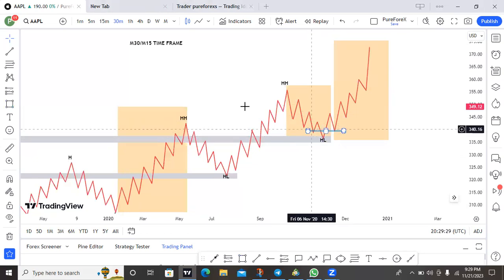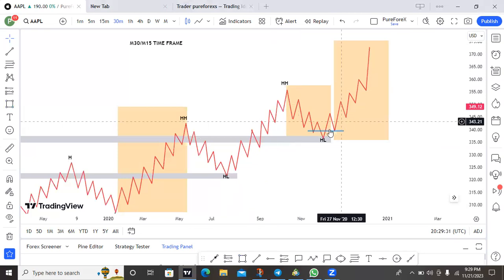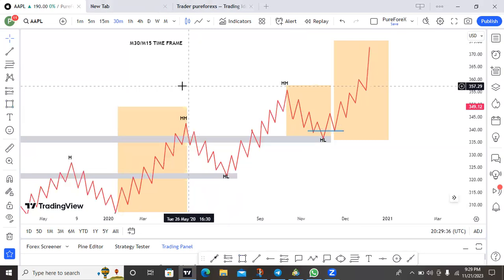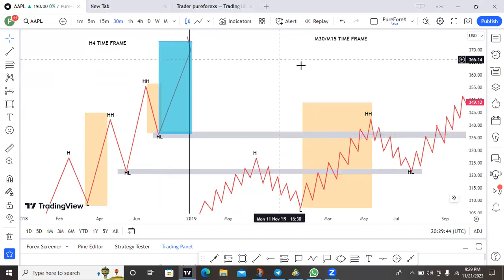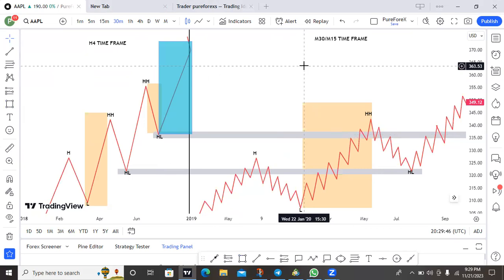It is a sign that the H4 retracement is now over. It's time for us to buy. So when you buy, you are buying in line with the trend because the trend is bullish. This one was just a retracement. Now the trend has continued to go bullish. Do you understand multi-time frame market structure synchronization? Yes, sir.